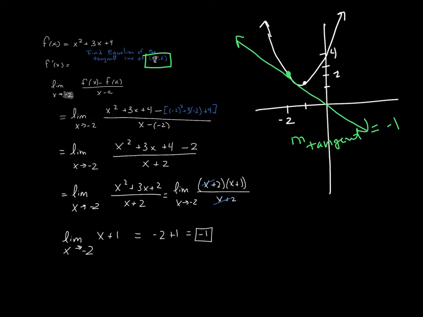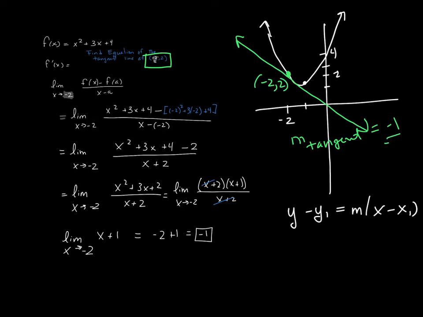Now, the question that we asked in the beginning is, what is the equation of this line? To find the equation of a line, we use the point slope form, which is y minus y1 is equal to m times x minus x1, where your given point is the one that we have on our function, that point from the beginning, which was -2, 2.